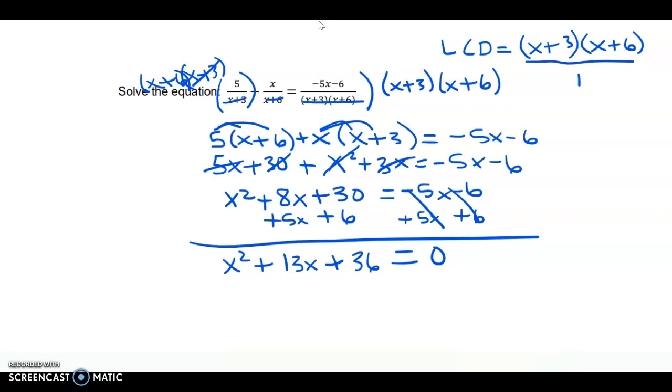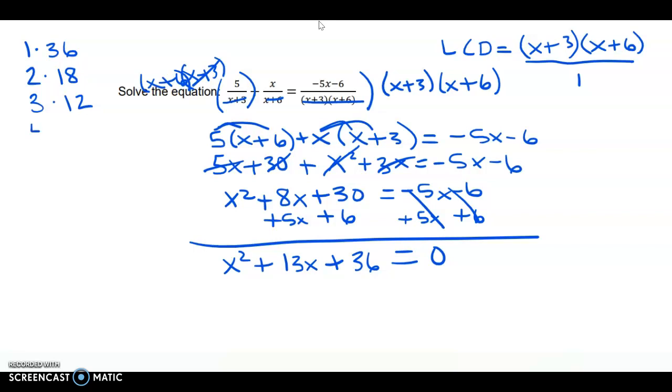So now we've got everything simplified, all our terms combined, and so now we can factor by looking at factors of 36 that add up to 13. So we can see the factors are going to have to either be both positive or both negative because they have to multiply to equal a positive number. But since 13 is positive, it tells us they will both be. So we can start going through. 1 and 36 isn't going to work. 2 and 18 isn't going to work. 3 and 12, nope, that won't work.